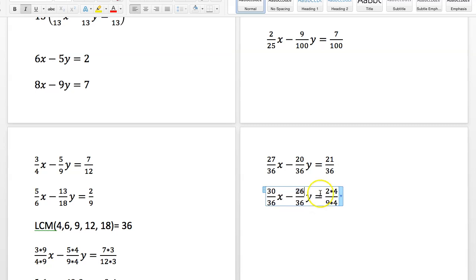Making sure I can still multiply. I can. Yeah, 2 times 4 is 8. And of course, we know who's down here. The same old, same old. So 36.